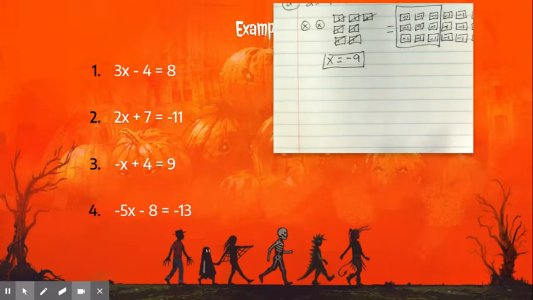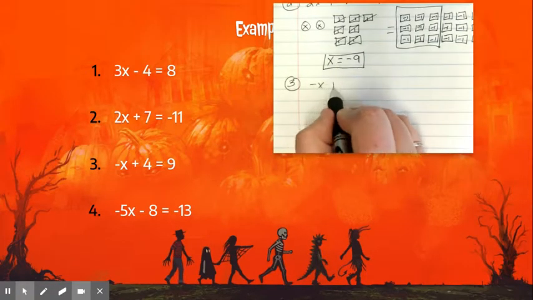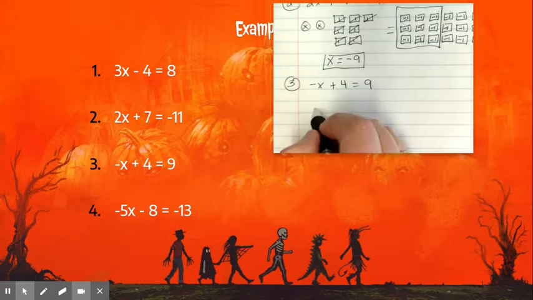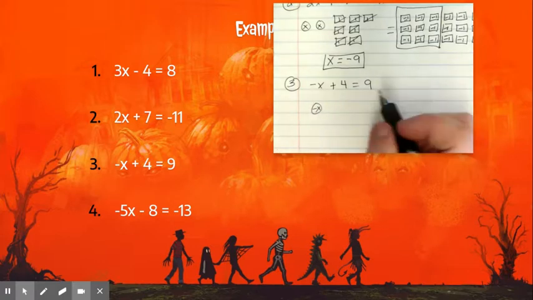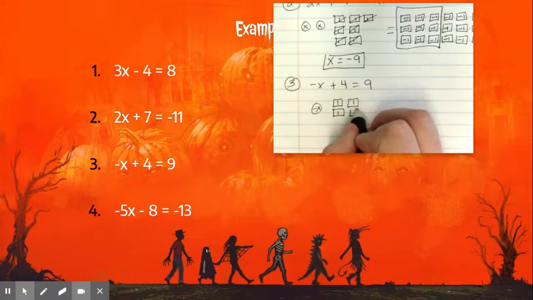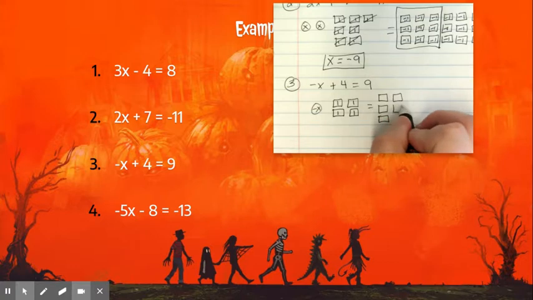Okay, let's do number 3. Negative x plus 4 equals 9. We have 1 negative x plus 4 ones equals 9, 1, 2, 3, 4, 5, 6, 7, 8, 9.